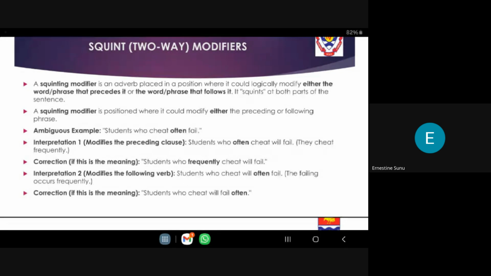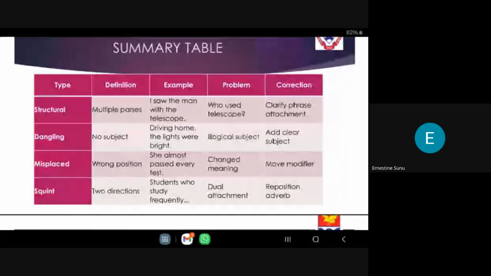The failing occurs frequently because those students cheat. That is the meaning. So you can see that now that the modifier has been placed closer to each of the words it is modifying, the meanings have become clear. So: students who cheat will fail often. Please, the next one.